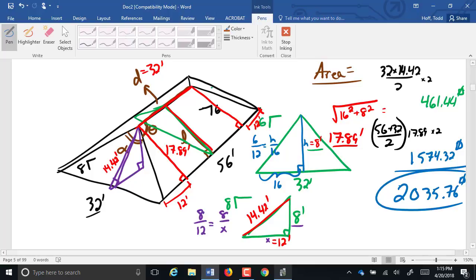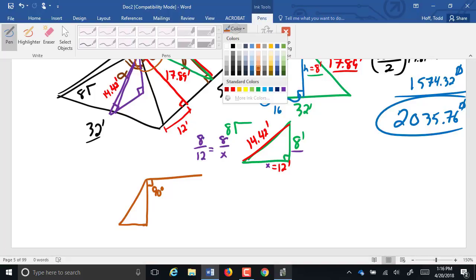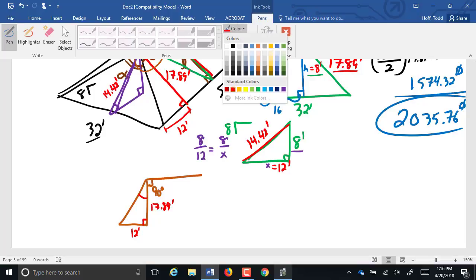Well, there's still a matter of some angles to find. Let's find theta right here first. Theta is actually broken down into 2 pieces. This angle right here I know is 90 degrees, isn't it? This triangle, that's a right angle there. I know this is 17.89 and this is 12. How would I find that angle?